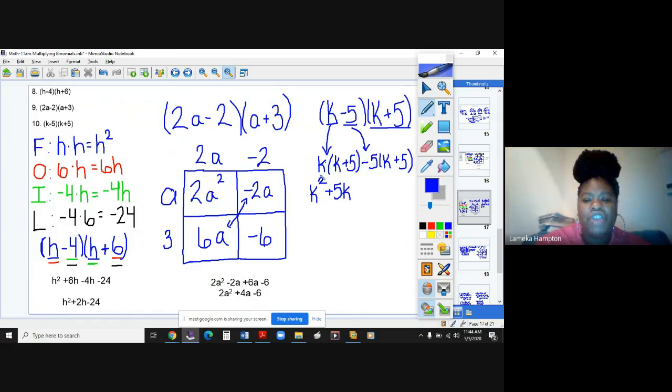So I am finished with this particular piece of distributive property. Now I'm going to go here, and I'm going to say negative 5 times k gives me negative 5k. And negative 5 times a positive 5 gives me a negative 25.